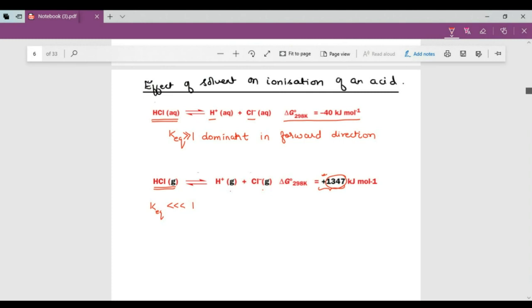Okay, so what practically does this value indicate? What is the conclusion?